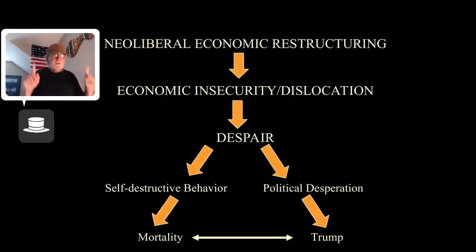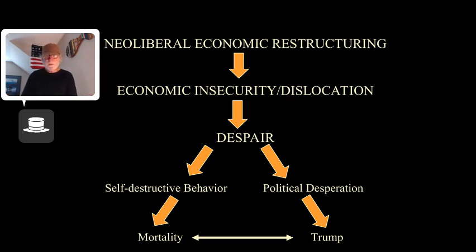Again, the key to being an analytical sociologist and social scientist is to make the connections. Neoliberal economic structuring, economic insecurity, dislocation, downward mobility, despair, political desperation. I'm in despair, I'm desperate, I'm willing to take a chance.